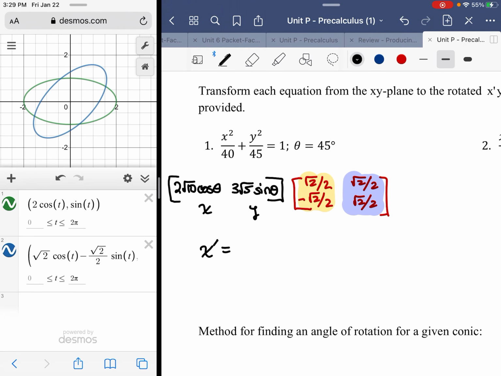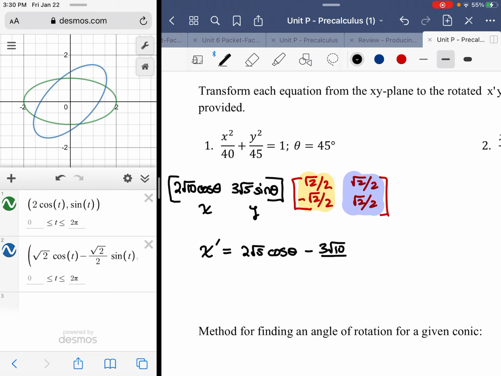So when I multiply to get my x prime, poor quality looking prime, so I'm just going to clean that up. We're looking at radical 20 cosine of theta, so that's going to be 2 radical 5 cosine of theta.